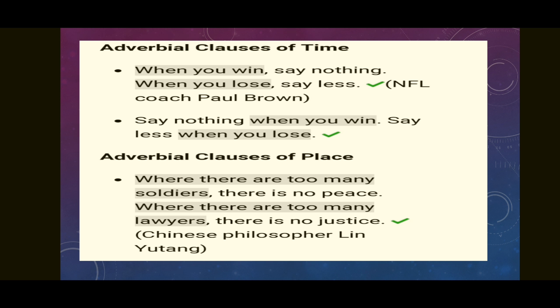Where there are too many lawyers, there is no justice. Chinese philosopher Lin Yutang. This describes the adverb clause of place, used to indicate the place.